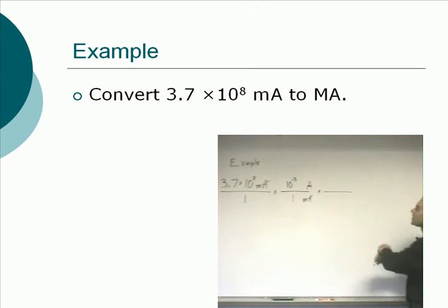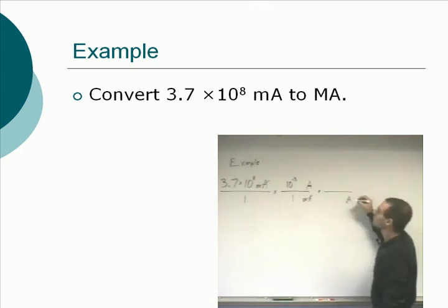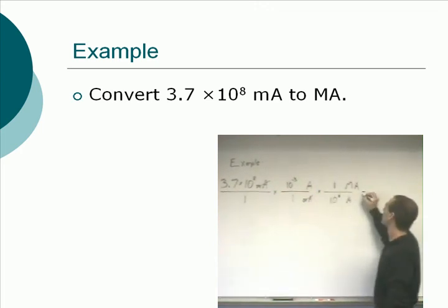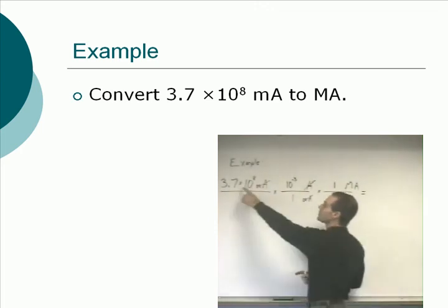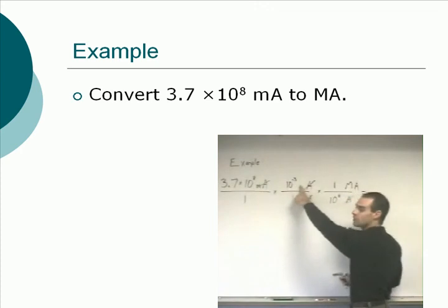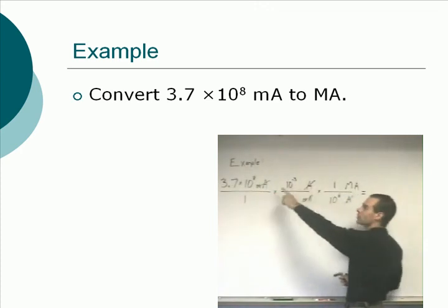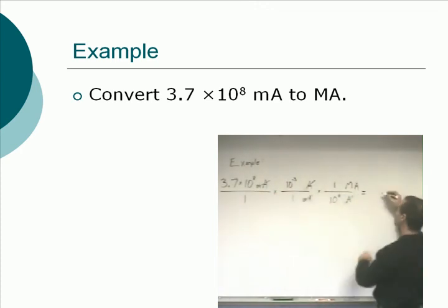All right, now we just need to go from amps to megaamps. And 1 mega means 10 to the what? 10 to the 6th. And now we can multiply. Amps now cancels. So what we get is 3.7 times 10 to the 8th times 10 to the negative third. Here we're back to the properties of exponents. What's 10 to the 8th times 10 to the negative third?